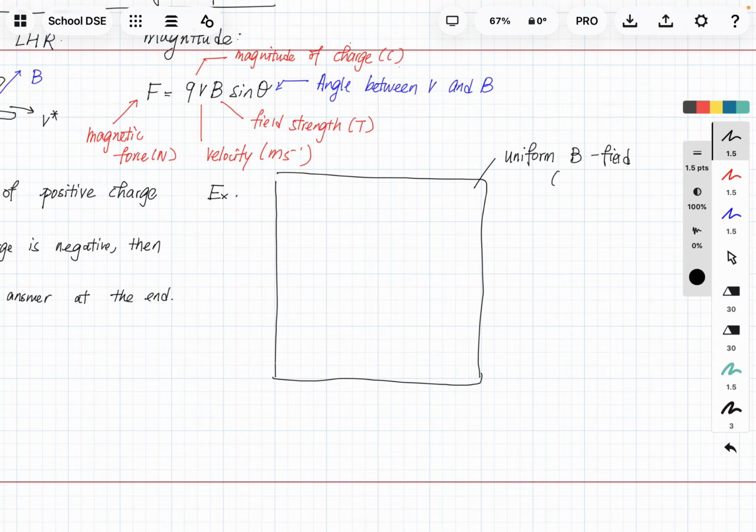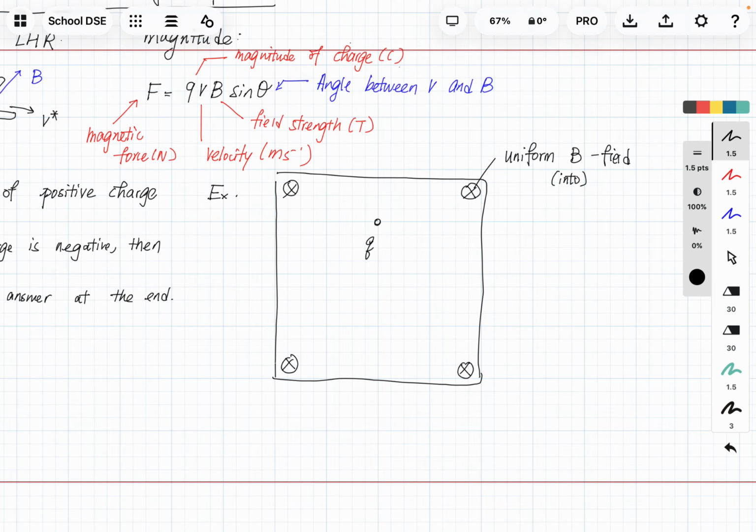And this implies that magnetic force can act as a centripetal force. So therefore, the motion of a charged particle in a magnetic field will be circular if there is a magnetic force exerted on it.